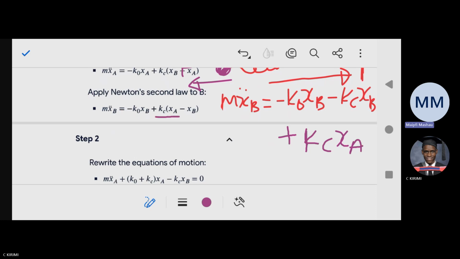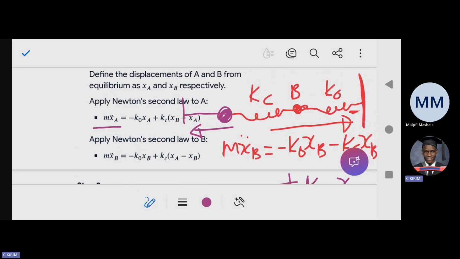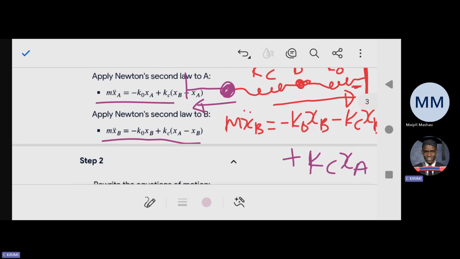So step 2, okay. You got the first equation, which is for A. And then you got the second equation. Here they just factorized, but you can still leave them unfactorized. It's still correct.